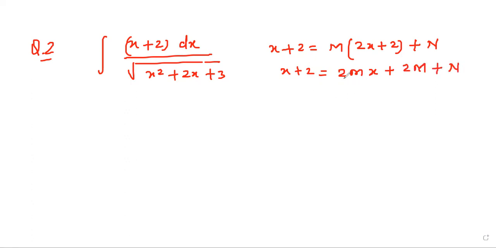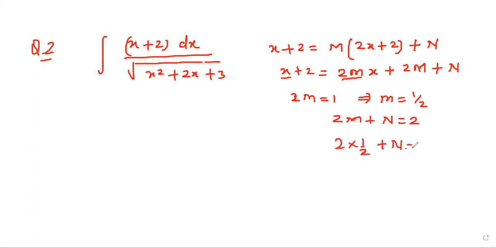We compare the coefficients: 2m and coefficient of x is 1, so 2m equal to 1, from where m equal to half. Then 2m plus n equal to 2, then twice of 1 by 2 plus n equal to 2, from where n equal to 1. So we have got m equal to 1 by 2 and n equal to 1.